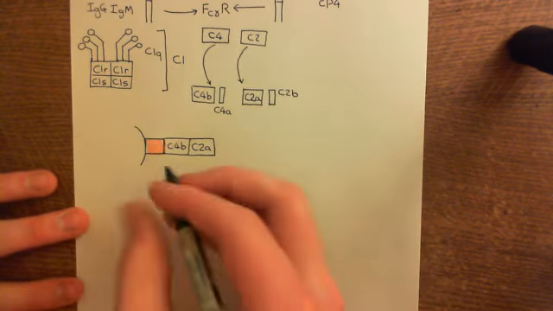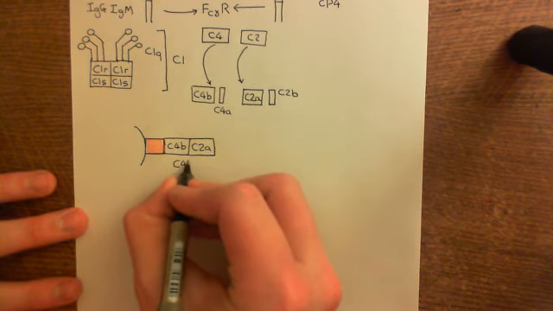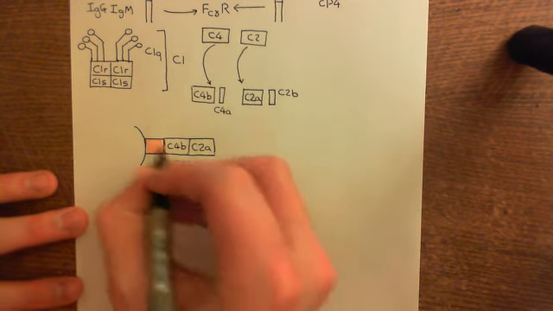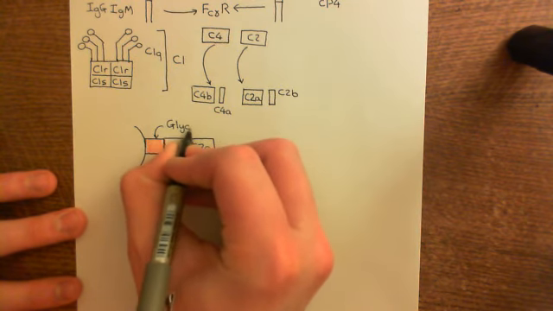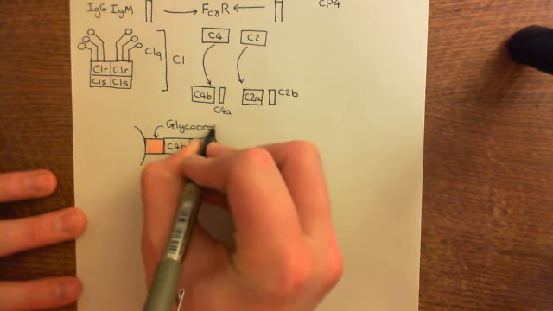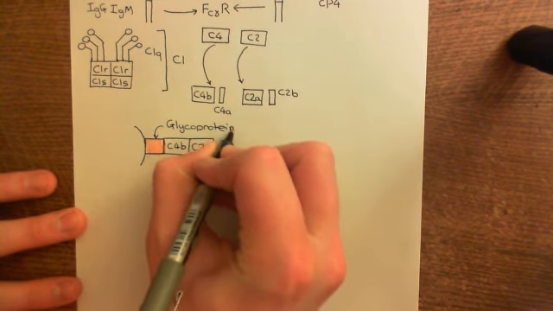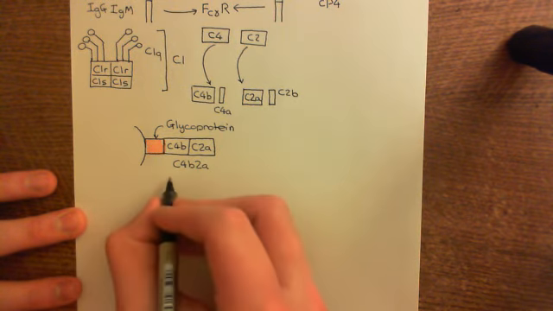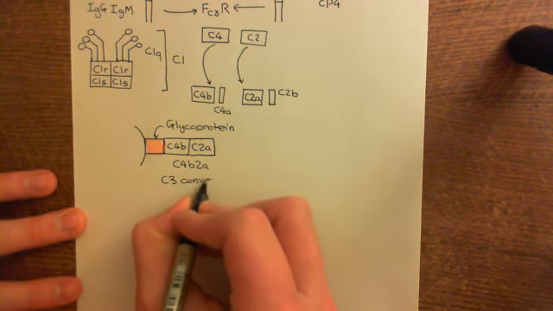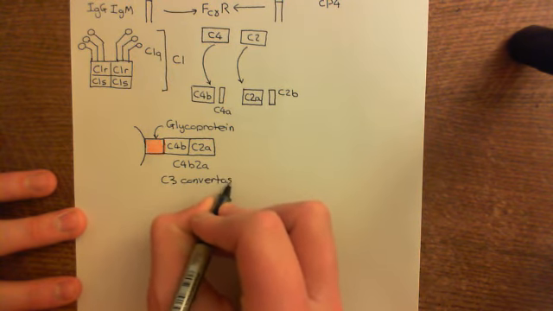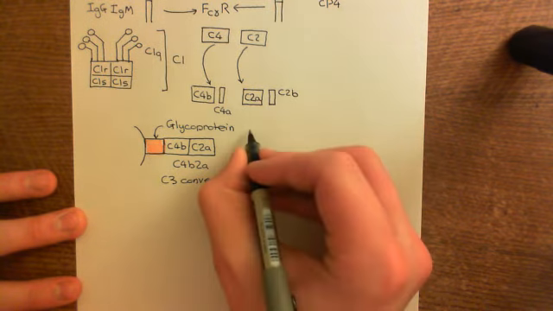This will form what's known as a C4b2a complex, and this orange thing here is a glycoprotein which they often dock onto. Now this C4b-C2a complex is what's known as a C3 convertase, so it forms an active enzyme which can then break down another complement protein.